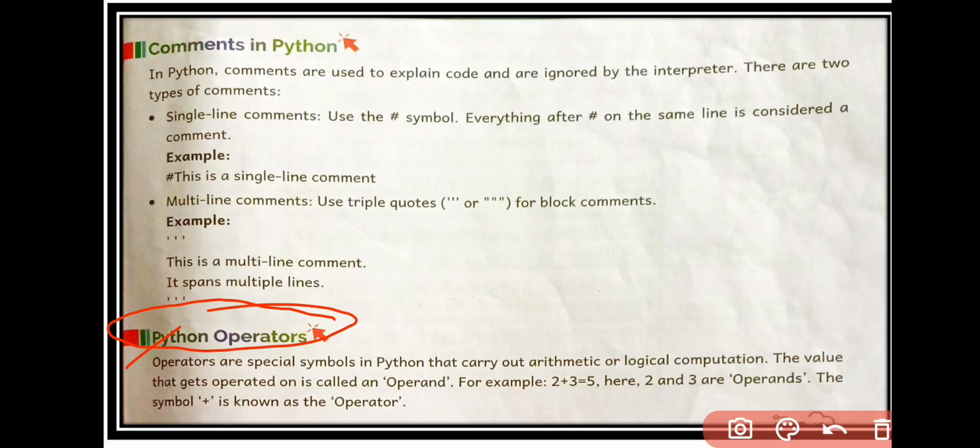The value that gets operated on is called an operand, like 2 and 3. For example, 2 plus 3 equals 5. Here 2 and 3 are operands, meaning the values that get operated on.